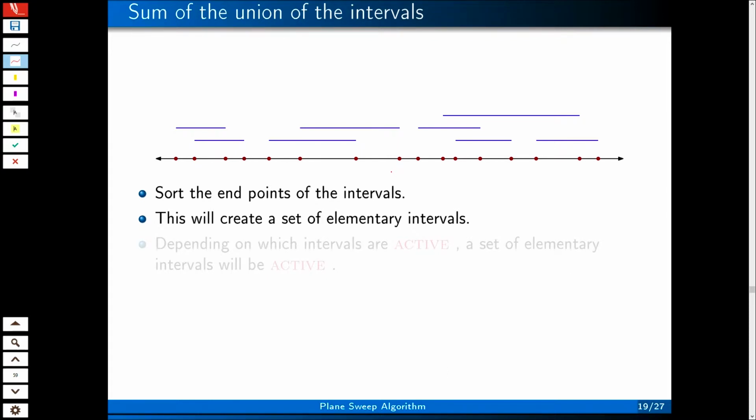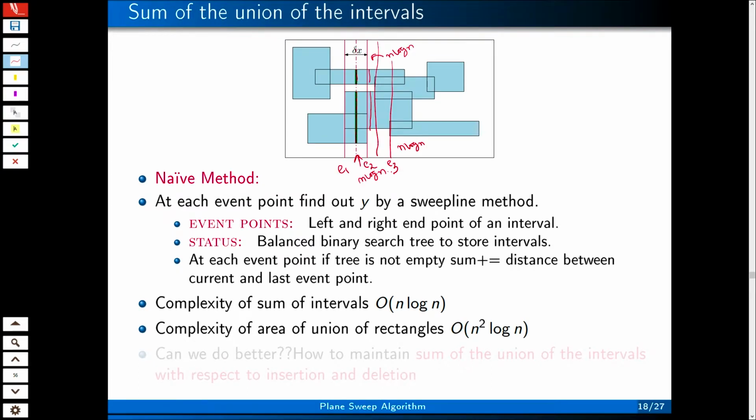Okay, so what we will do is create a data structure. How will we create it? Consider the endpoints. I know at the beginning of the program, I know all the rectangles.